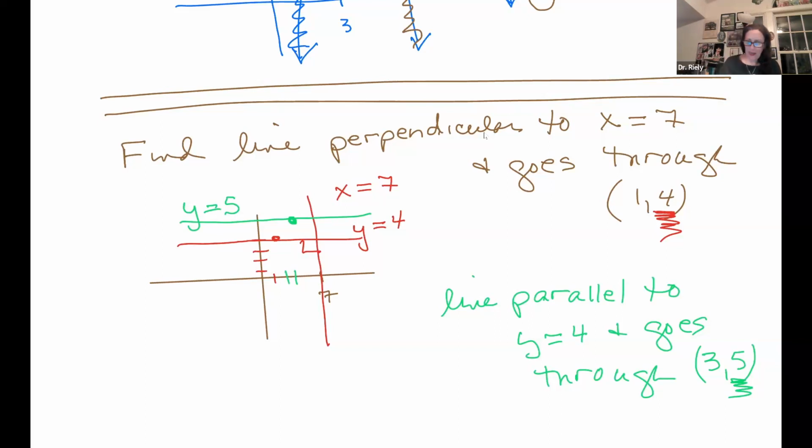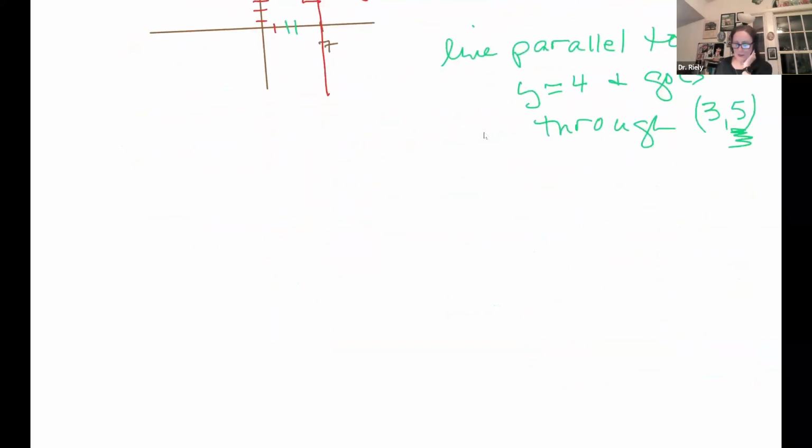Oh, the other thing we did that I didn't do in my classes at Good Counsel, but that I did with you guys, is if I have points, so let's say I have 1, 4, and I don't know if this is going to work out, but we'll see, and 2, y. I want to figure out what y is if I want my slope to be 4.